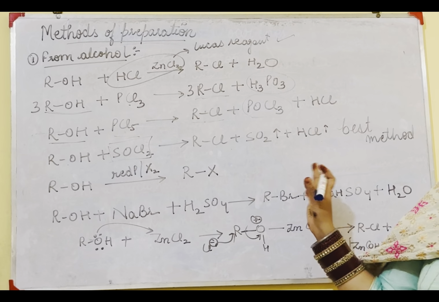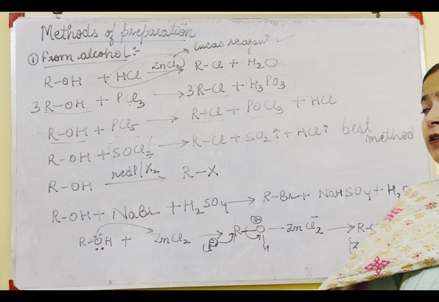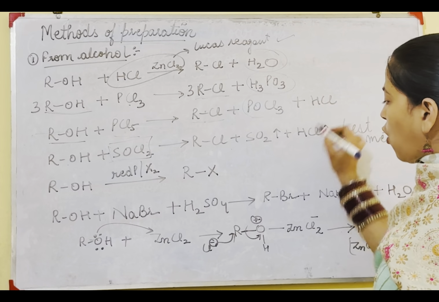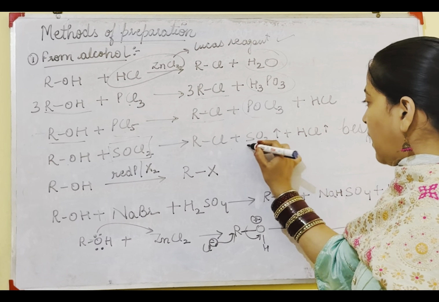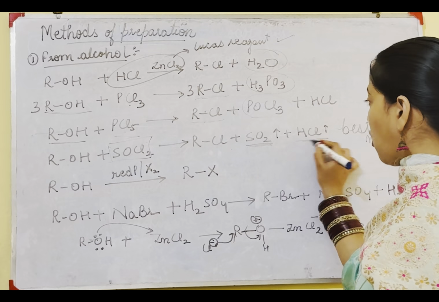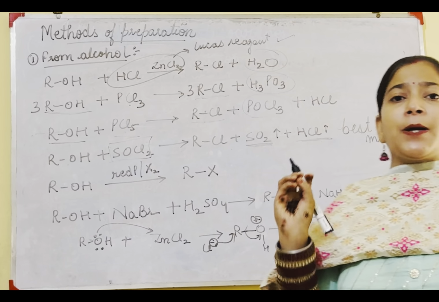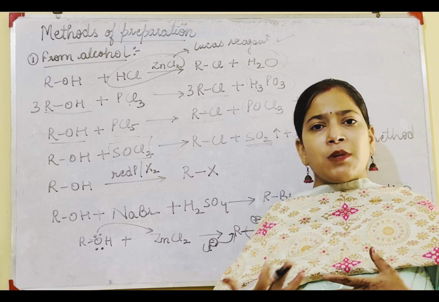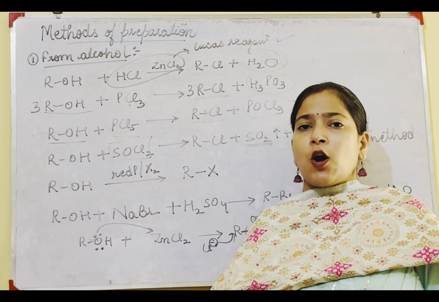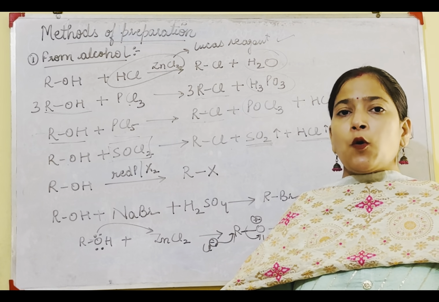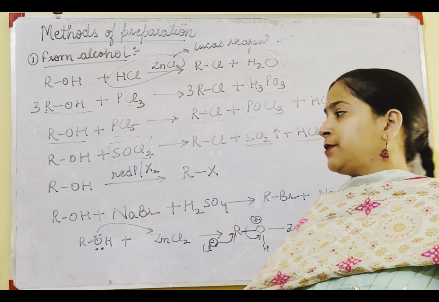Now, why is this method considered the best method? See all the reactions. There are certain byproducts in all the reactions, but in this case the byproducts are all gases. So we can easily separate pure alkyl halide from this reaction mixture by just boiling. These both gases will evaporate and we get the pure alkyl halide.